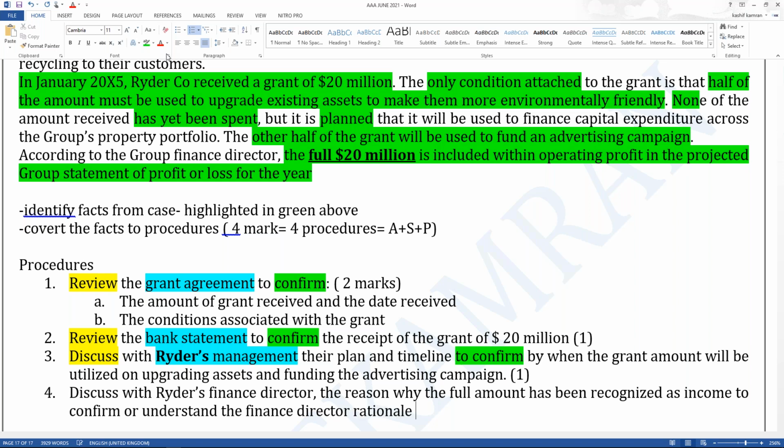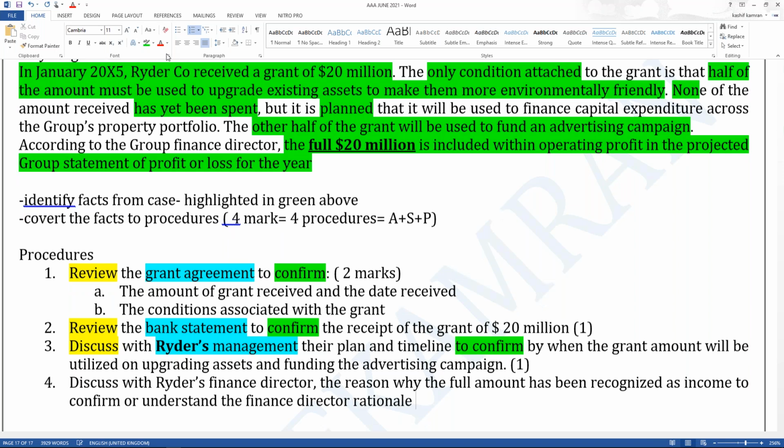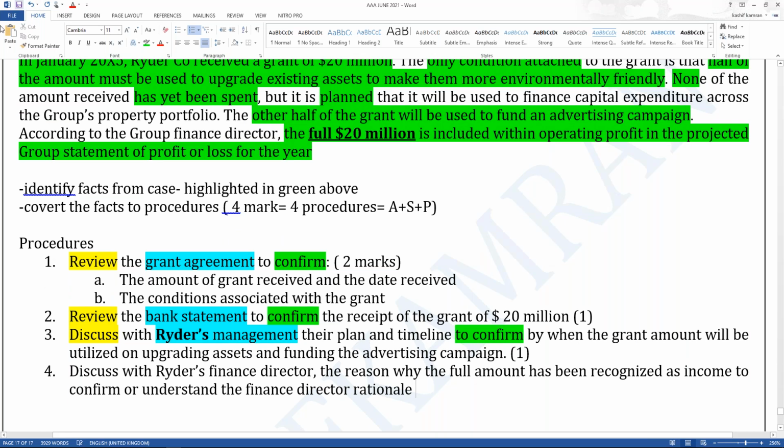Should I understand why he has put the full amount into other income, which is a wrong accounting treatment? But he must be having some rationale, right?